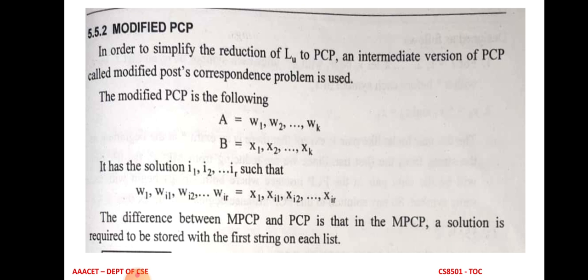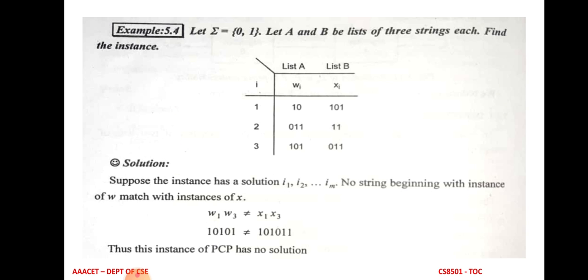The main difference between MPCP and PCP is that the solution for MPCP is required to start with the first string on each list. In the equalization, the left side is W1, WI1, WI2, up to WIr, and the right hand side is X1, XI1, and so on.